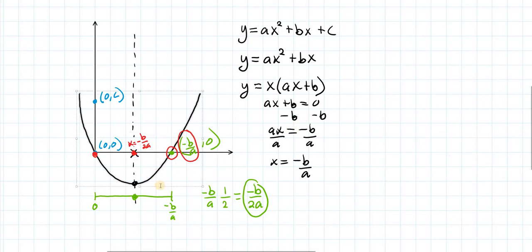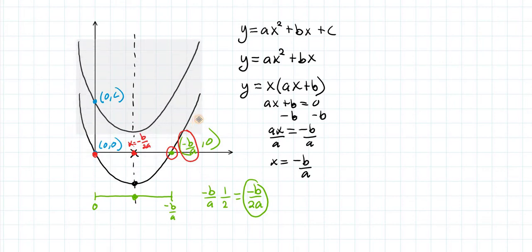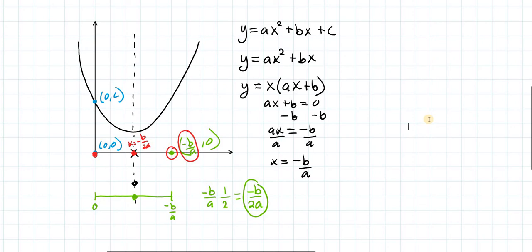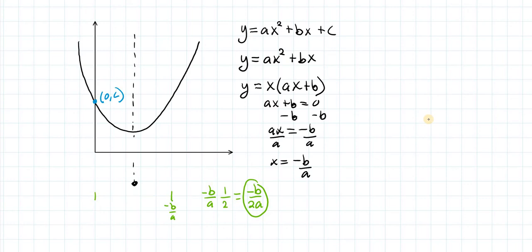I'm going to go ahead and move this back, something like that, back where it was. And I'm going to erase some of this mess that I've created and clean it up a little bit. And then let's draw in what we know about the vertex.